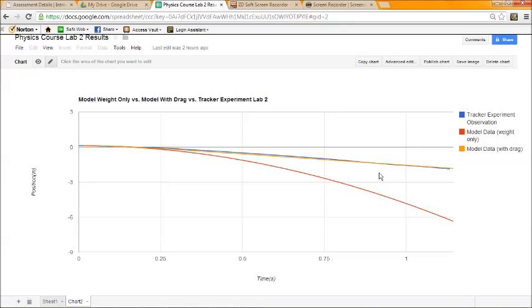The air resistance, or drag force, is much more effective and is a larger factor as a force than the weight force. So when I did not include the drag force in the model with only weight, the model was very different from the actual tracker experiment. This is why I think that the model with weight force only has a large deviation from the tracker experiment.